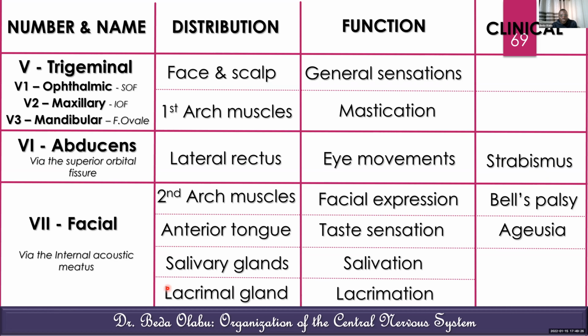And the ones which were going to the lacrimal gland now reconnect to the ones which were going to the salivary gland. There may be some trouble. That particular individual, when they see food, instead of salivating, they'll be producing tears. And that is what we call crocodile tear syndrome. Okay, that is facial nerve.